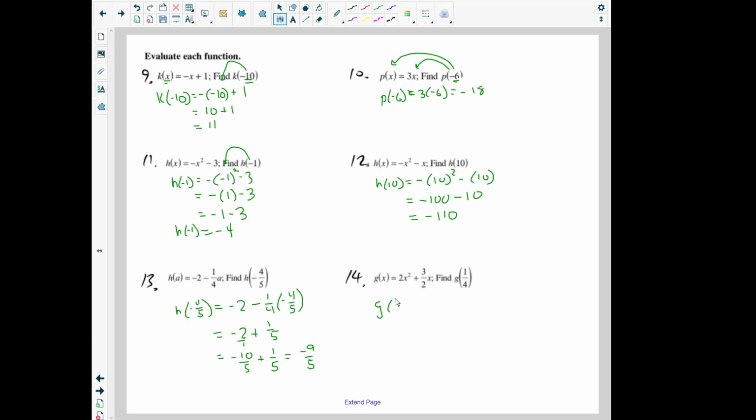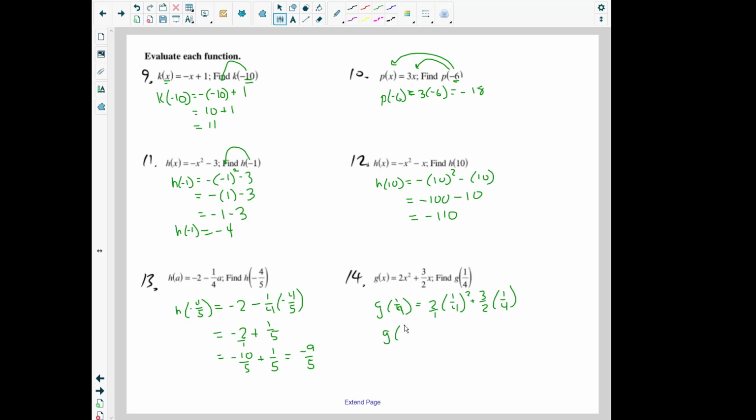g of 1/4, sorry, equals 2 times 1/4 squared plus 3 over 2 times 1/4. I'm going to make this 2 over 1.